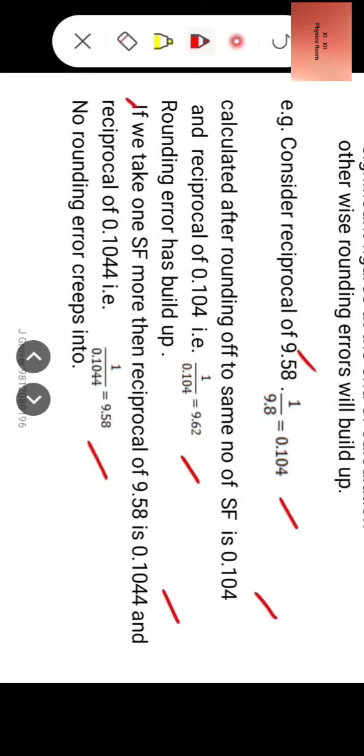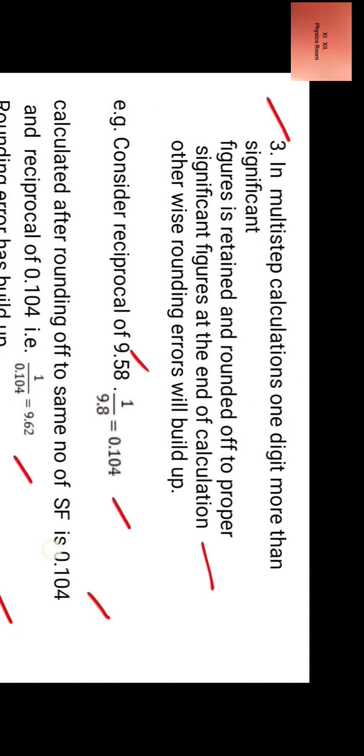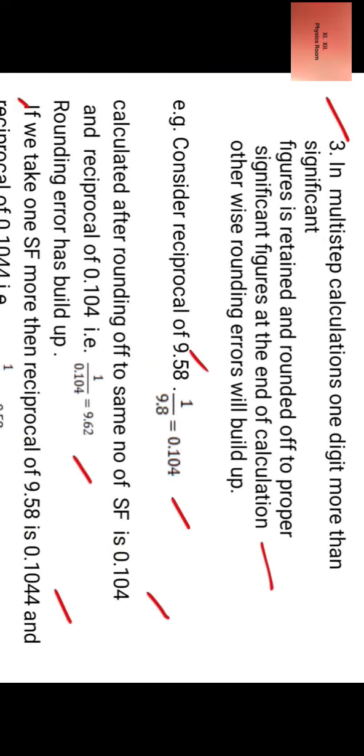So here no rounding error has crept in. So we must take one digit more in multi-step calculations. One digit more than the significant figures must be retained and rounded off to proper significant figures at the end of the calculation. Then the rounding error will not creep in.